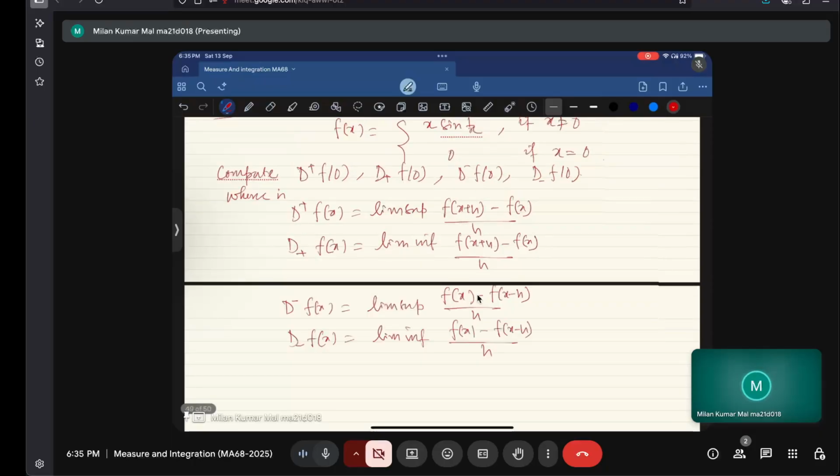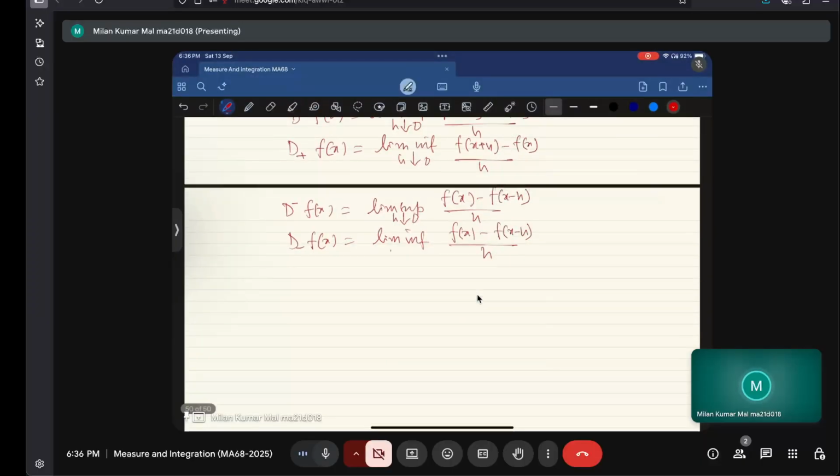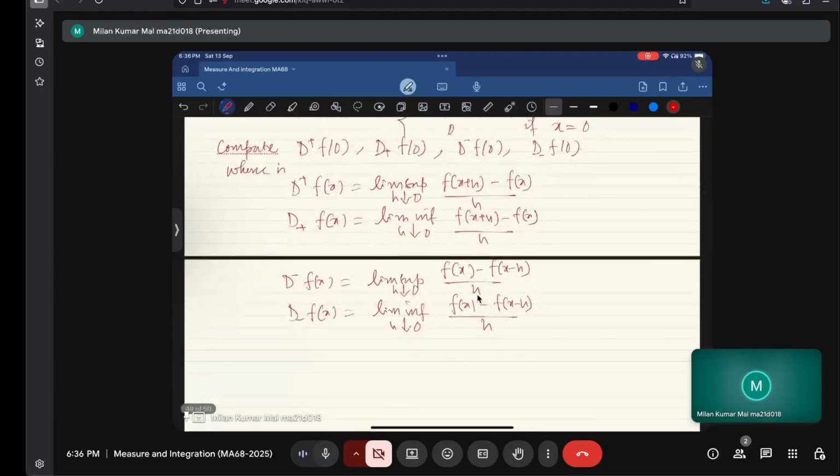Limit supremum as h tends to 0, every time h is positive, always positive, h decreasing to 0, this is what is meant. So d super plus is the limit supremum of f of x plus h minus f of x by h, and d super minus is the limit supremum as h decreases to 0 of f of x minus f of x minus h by h, and d sub plus f of x is the limit infimum as h goes down to 0 of f of x plus h minus f of x by h, and d sub minus f at x is the limit infimum as h goes down to 0 of f of x minus f of x minus h by h.